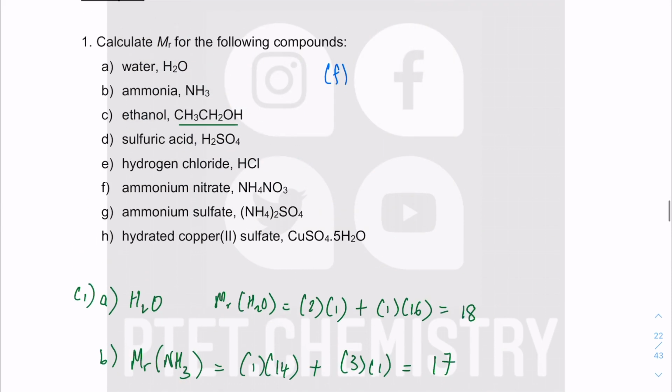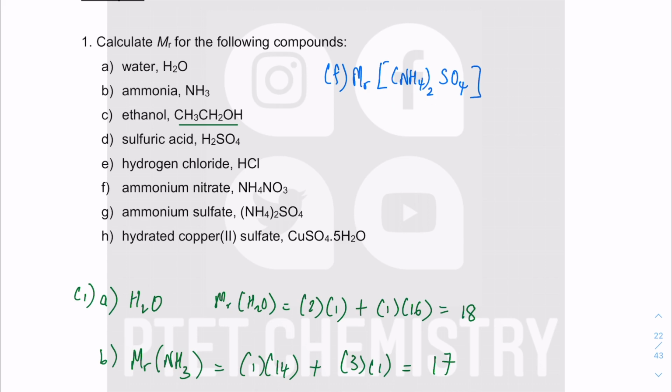So part F is getting trickier because now you have ammonium sulfate. Ammonium ion is NH4 plus, sulfate is SO4 2 minus. That's why you need 2 of the NH4 plus to balance out the charge of the SO4. If you can't get the correct formula from the name, that means you won't get the correct MR as well.